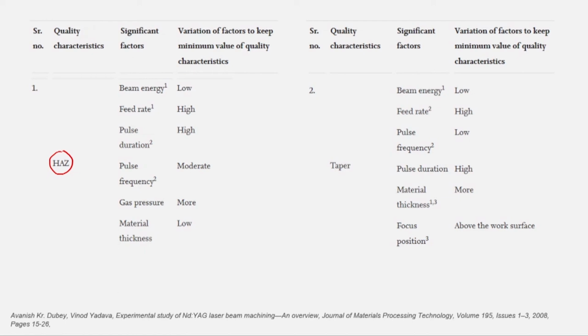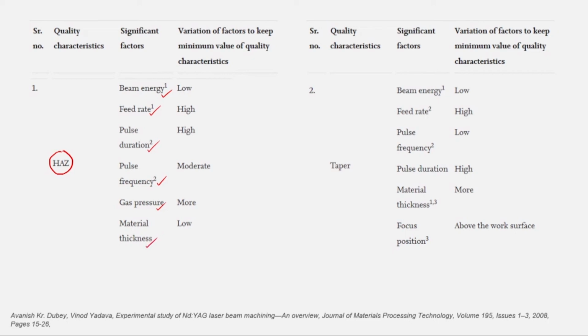So, what are the various process parameters that we can modulate or change? These are beam energy, that is the laser beam power, feed rate, that is the scan speed, pulse duration, that is the time for which we are applying the laser beam, frequency of the pulse, that is how many pulses we are applying per second, pressure of the gas, the inert gas which we are using during the cutting operation, and the thickness.